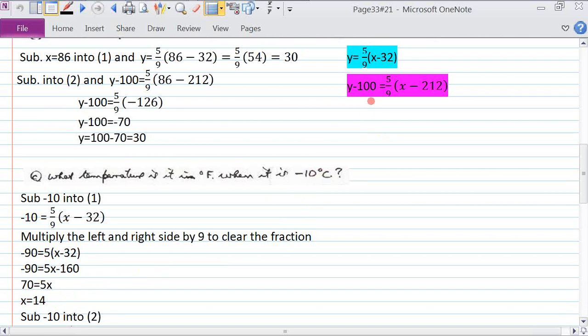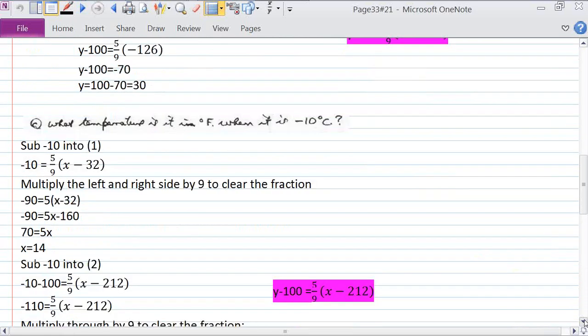Now, I could put minus 10 into the second equation. It says here minus 10 into equation 2. This is equation 2. So if I substitute here, minus 10 minus 100 equals 5/9 (x minus 212), then I'm going to solve for x. That's what I'm going to do over here.